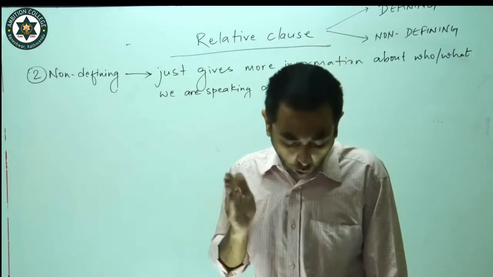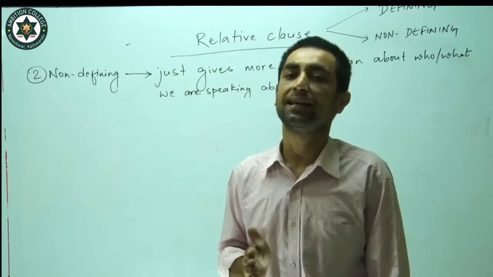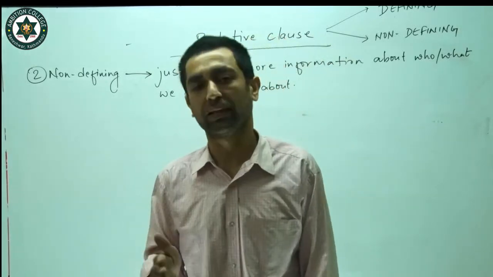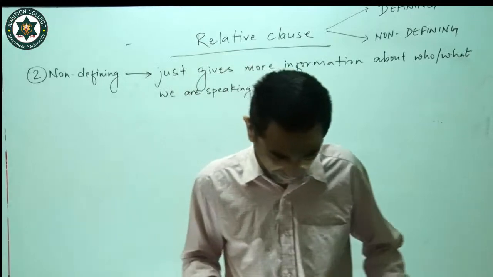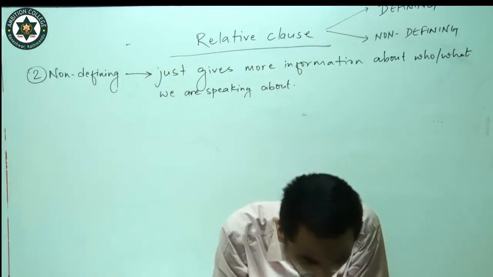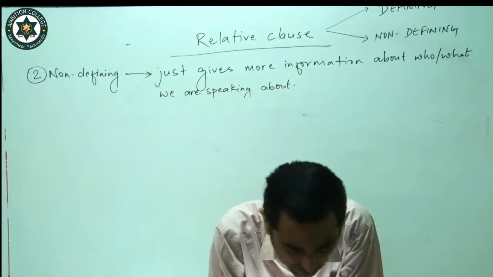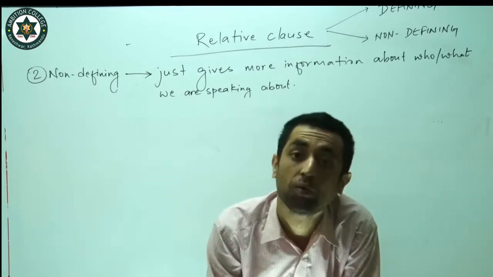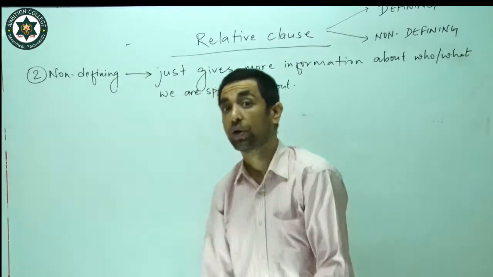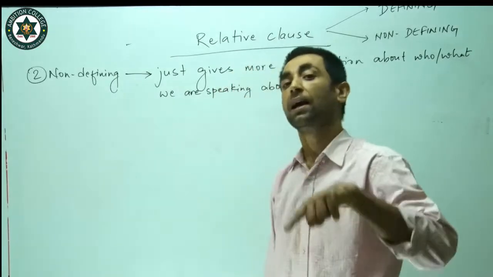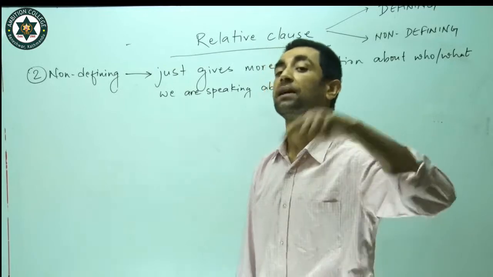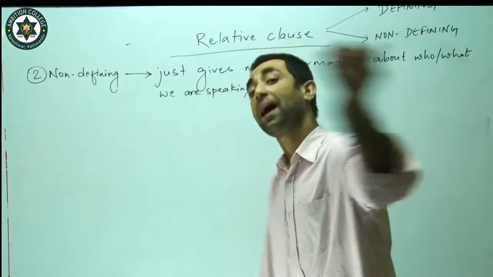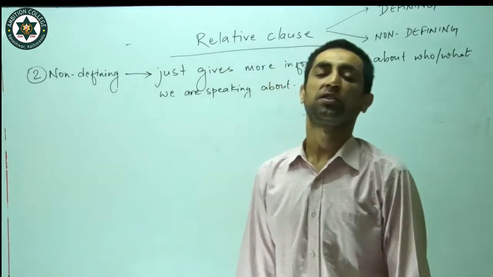And these non-defining relative clauses are used to explain something. For example, her car, which was 10 years old, gave a lot of trouble. Her car, which was 10 years old. We are being provided with information about the car, but not the defining information of the car.